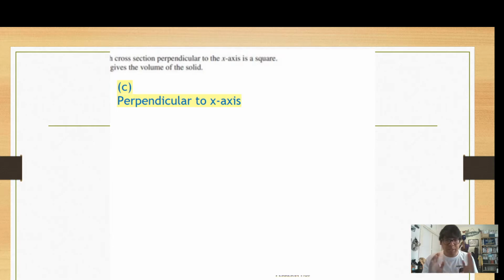So what is the area of a square? Well, the area of a square is simply the side squared. And in terms of these questions, the side is always going to be the function on top minus the function on bottom, which in this case is g of x minus f of x, if you'll remember from the beginning when we identified which one was which.